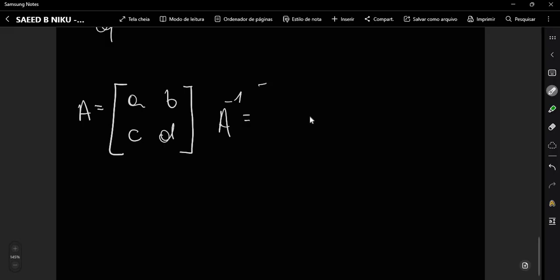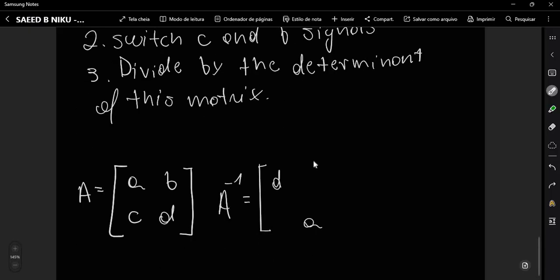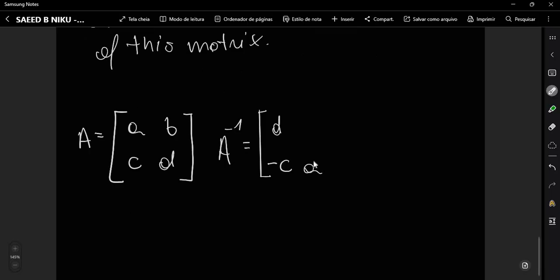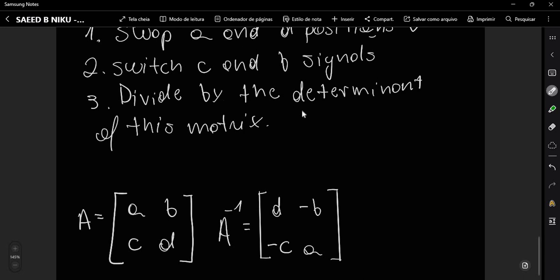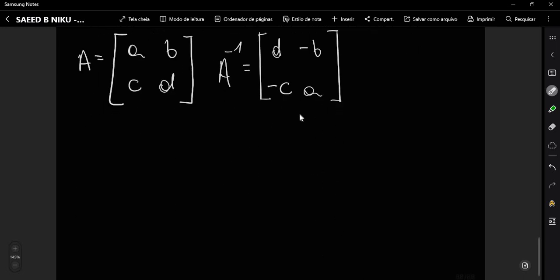Let's swap A and D positions. So right here is going to be D, right here A, and switch the signs of C and B. So it's going to be minus C, minus B. And divide by the determinant of this matrix. If you remember, the determinant of A is calculated like this.